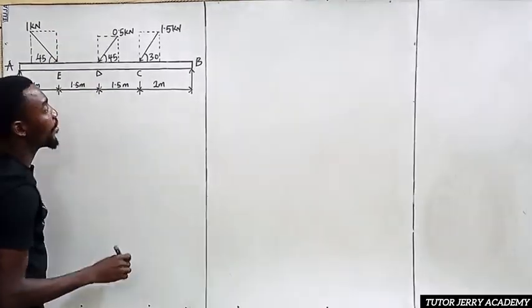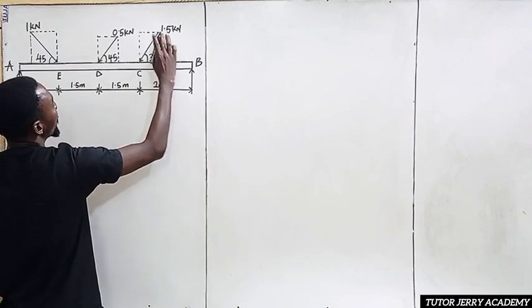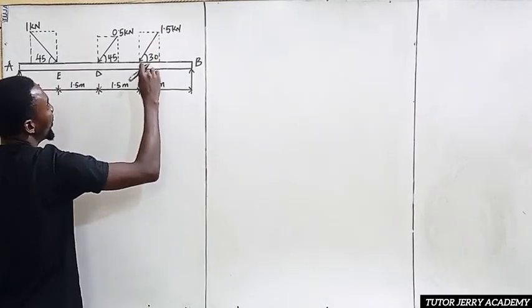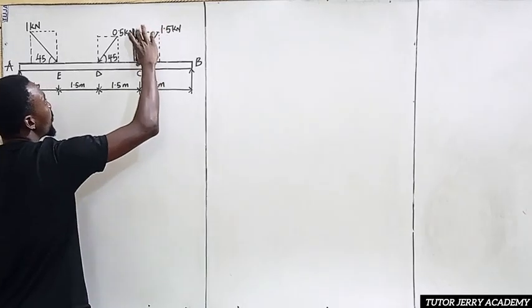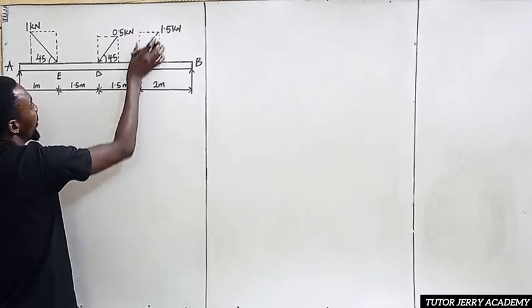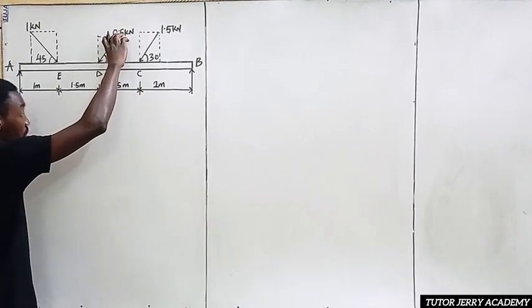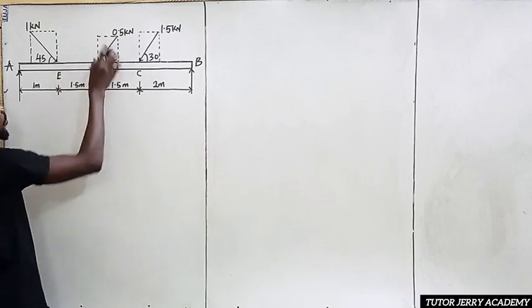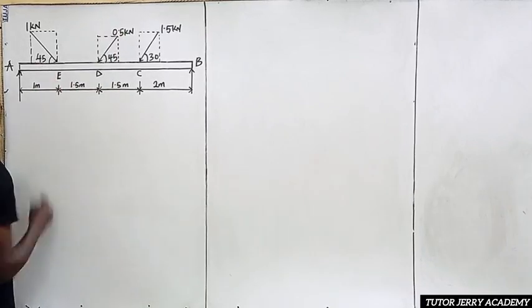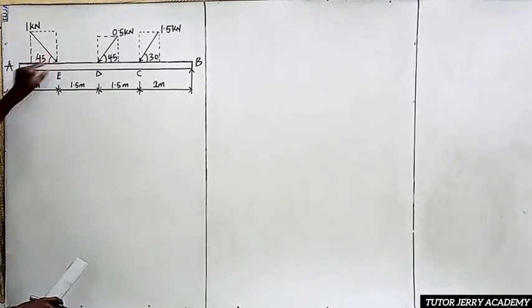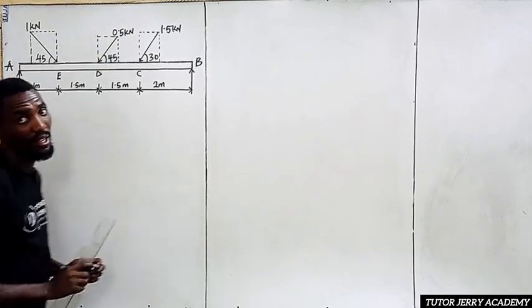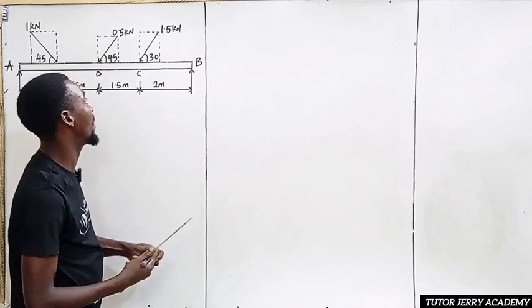Now we are going to name this place y1, so this place too is going to be y1, x1. This one is going to be y2, s2, and this one is going to be y3, s3. We don't want to be wasting our time here.